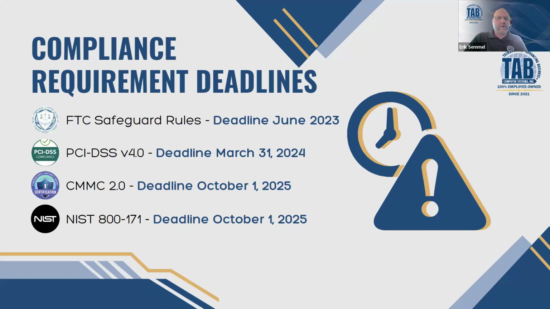CMMC 2.0 is supposedly October 25th. We've seen these deadlines move when it comes to CMMC and NIST, also October 25th. But again, the government is becoming much more serious about this, as are the primes who a lot of our clients are getting work from, whether they be manufacturing components of a submarine, a helicopter, or an airplane.